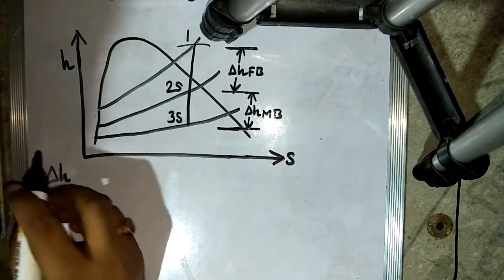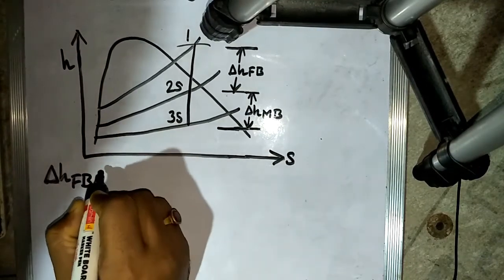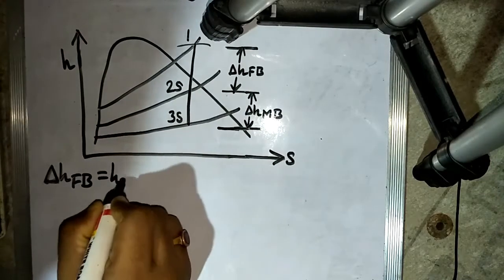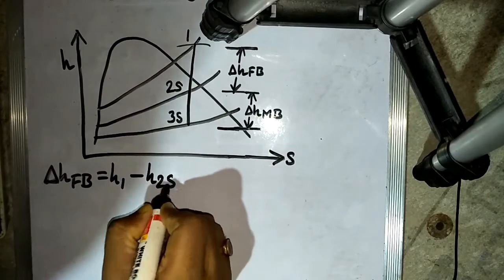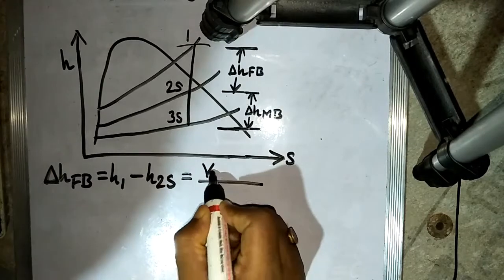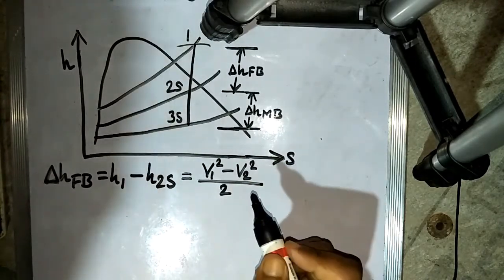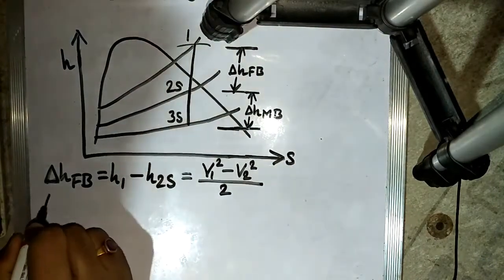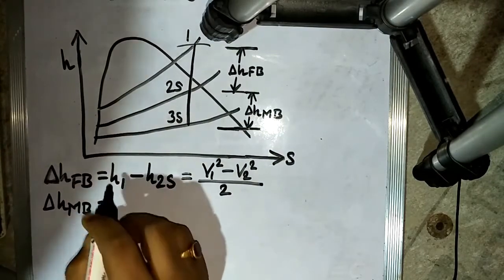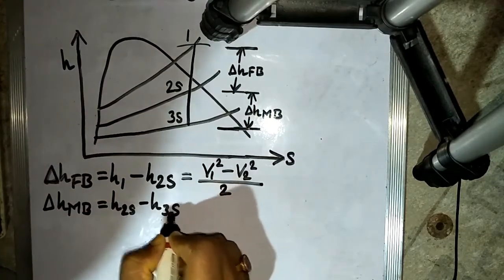Del H for the fixed blade, the enthalpy drop, equals H1 minus H2S. That equals V1 square minus V2 square by 2. Similarly, in case of the moving blade, we can write del H MB equals H2S minus H3S.